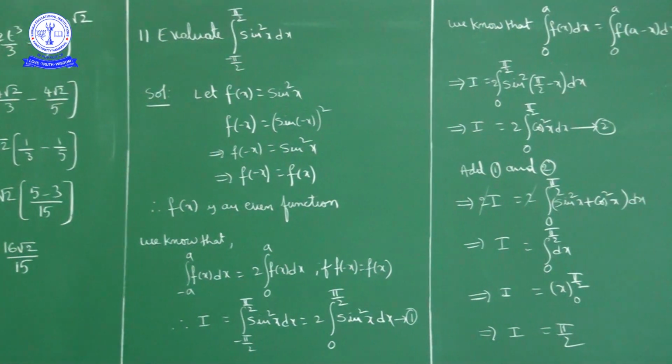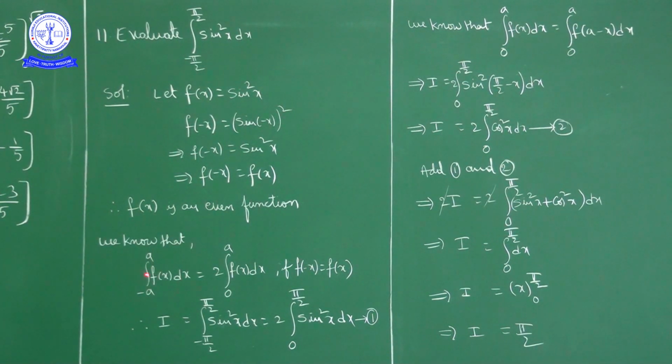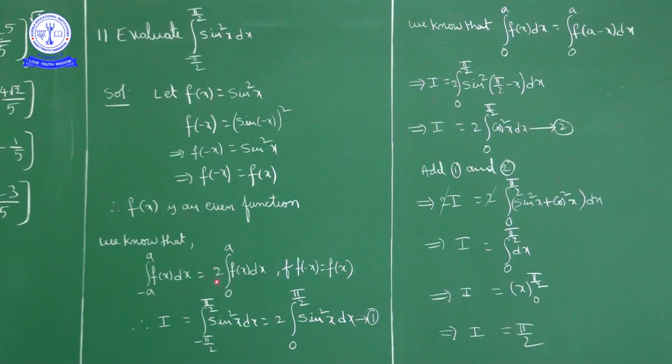Now whenever f of x is an even function, integral minus a to a f of x dx is equal to 2 times integral 0 to a f of x dx, if f of minus x is equal to f of x.